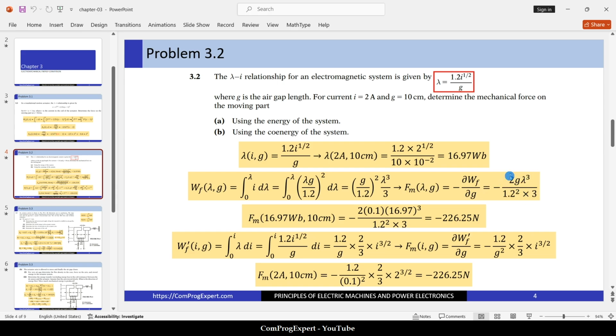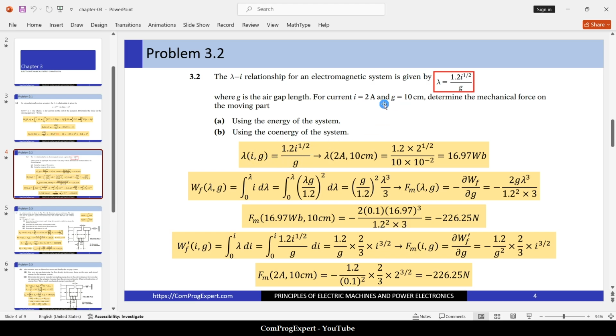And I am going to calculate the force using this equation when the gap is 10 centimeters and current is 2. We don't have the flux. Yes, the relationship is given here. The flux as a function of current and gap is this one.